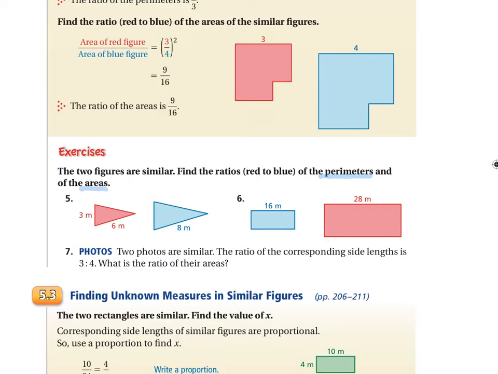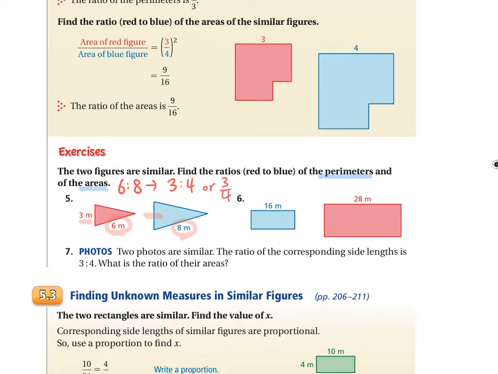The first one says the perimeter, so we go ahead and see the sides that are corresponding and we know the information. I don't really know anything from here, so I have to use 6 meters and 8 meters. So I put red to blue, so 6 to 8. And actually what I'm going to do is simplify the numbers as much as possible. So I can write it like this, 3 to 4, or I can write it 3 over 4.